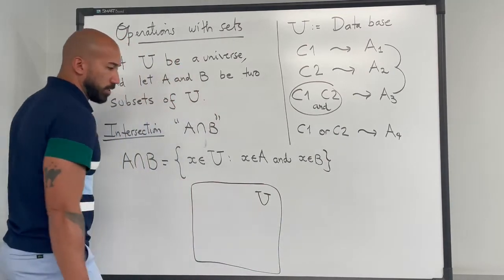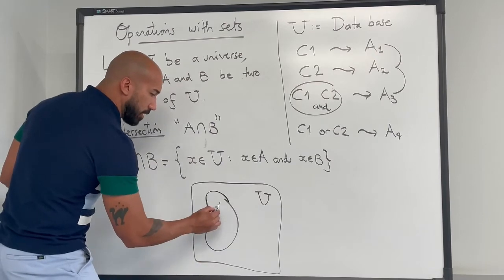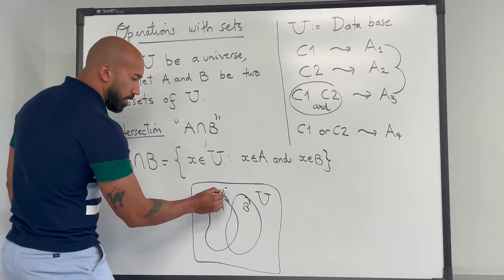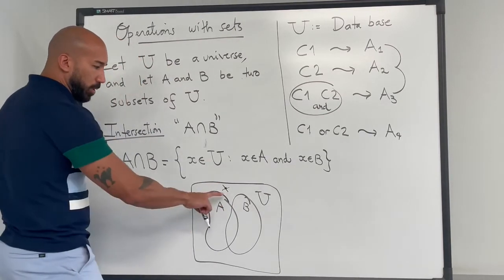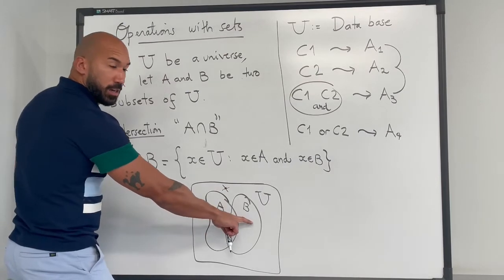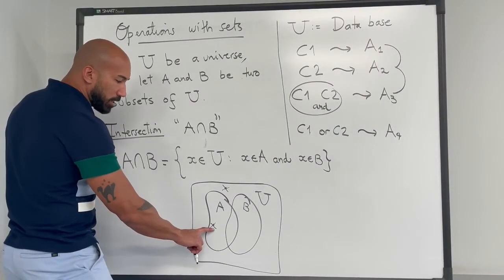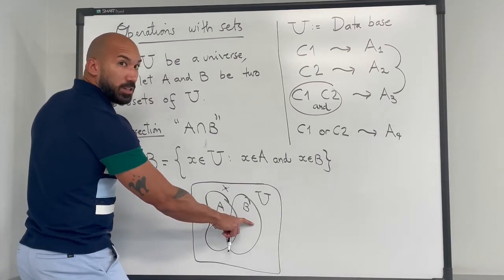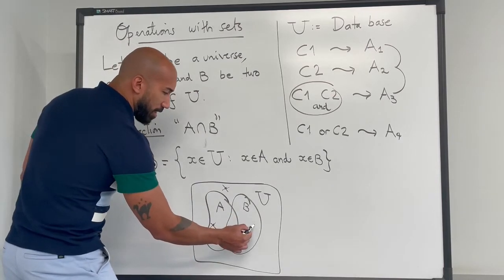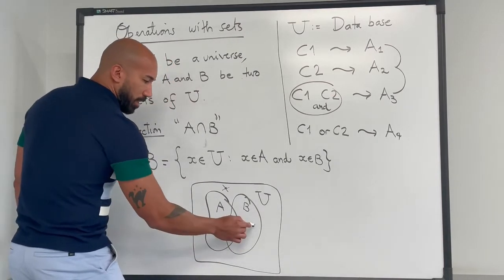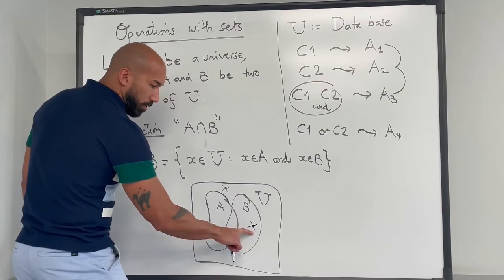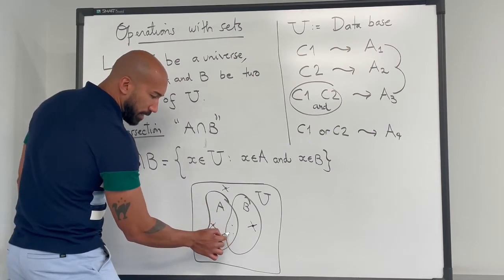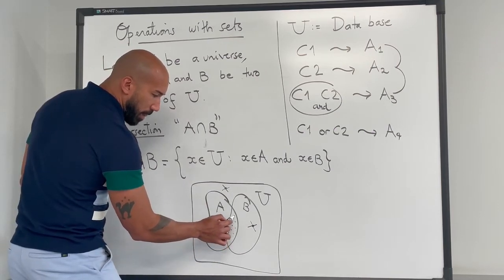So this means that if this is the universe U, this is the set A, and this is the set B, an element here is not going to be in the intersection because it's neither in A nor in B. An element here is not in the intersection because even though it is in A, it is not in B. An element here is not in the intersection because even though it is in B, it is not in A. So the elements in the intersection are going to be the elements in this part here.